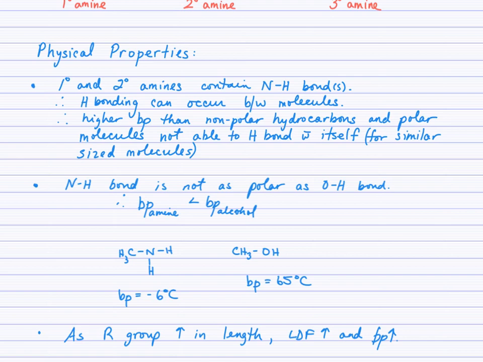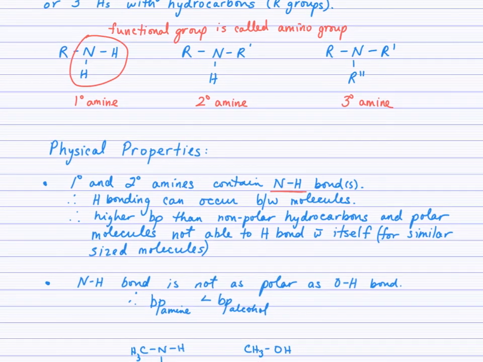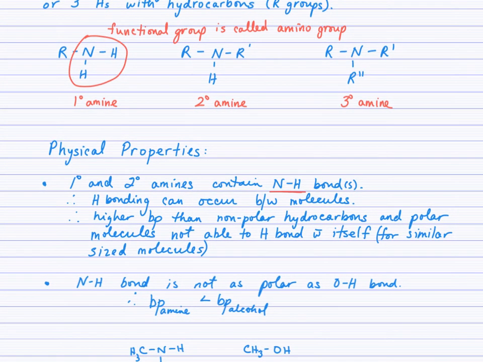Regarding the physical properties, you'll see here that primary and secondary amines contain NH bonds. And perhaps I need to back up a bit here to look at that. So notice that the presence of the nitrogen-hydrogen bond means that adjacent molecules will experience hydrogen bonding. That's also true for secondary amines, although there's only one site for hydrogen bonding.